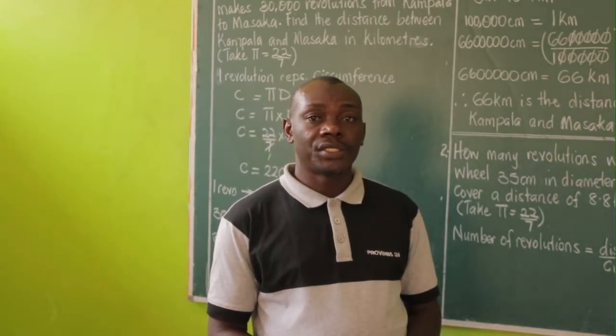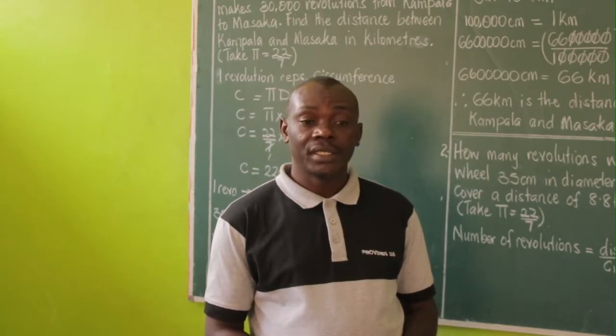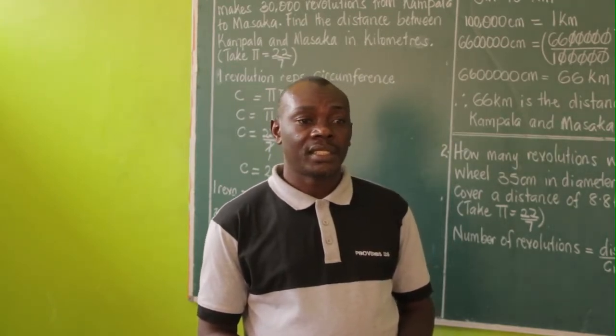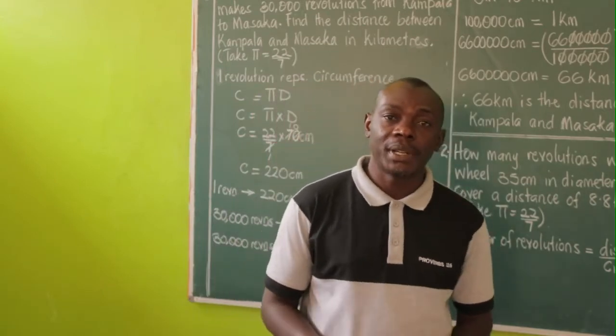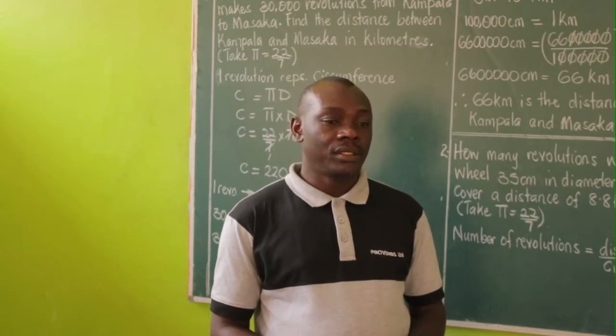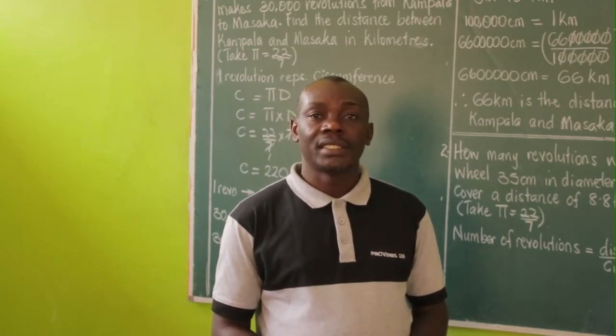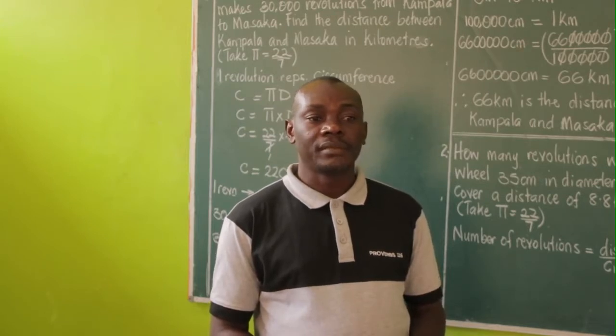In the previous lesson, actually two sessions, we looked at a topic known as length, mass, and capacity, and we so much looked at the length, and so we are continuing the same.